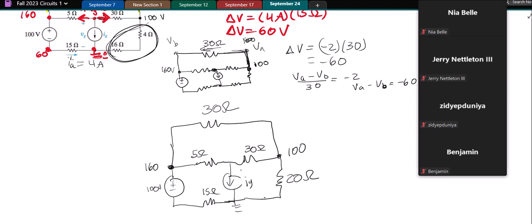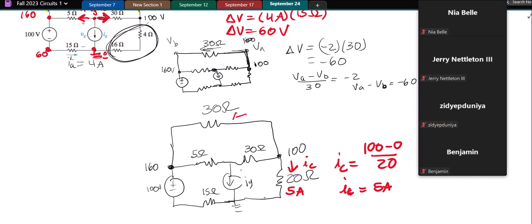I don't have that labeled in my original drawing, but I may find it useful. So I'll call it IC. So I can say that IC equals 100 minus 0 over 20, or IC equals 5 amps. So I have 5 amps here.